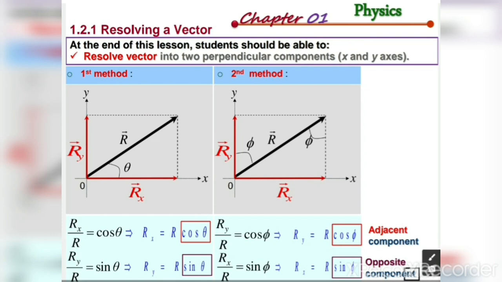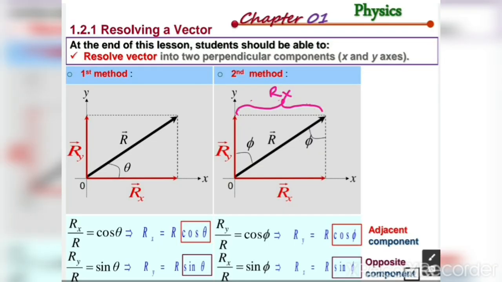From trigonometry, we know that cos phi is the adjacent of the angle phi to the hypotenuse, which is vector R. That's why we get cos phi is Ry divided by vector R, and Ry is equal to vector R cos phi.